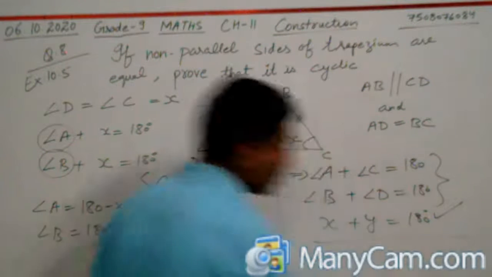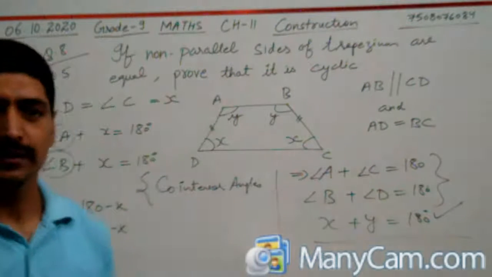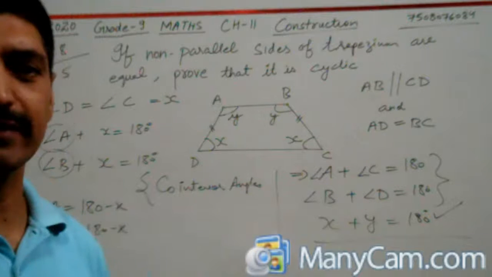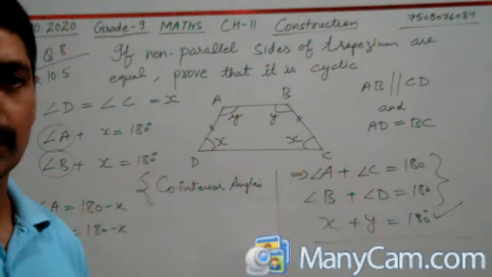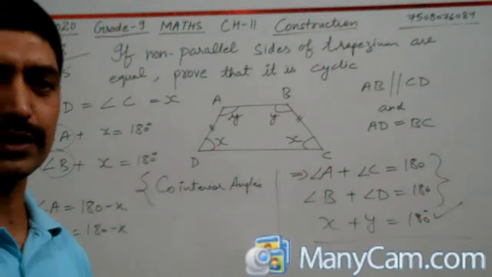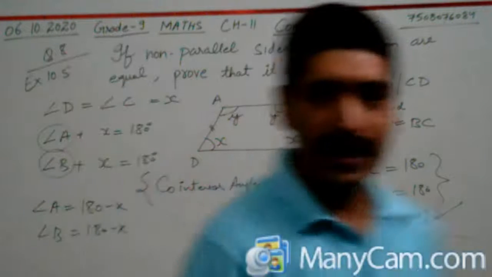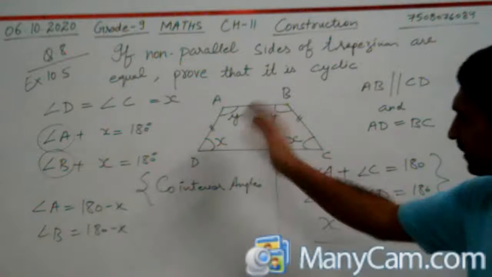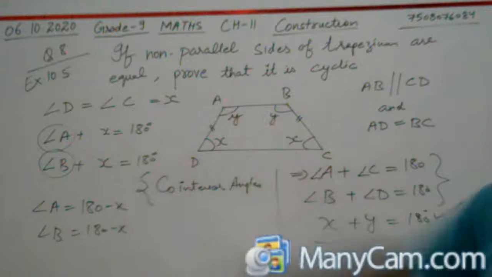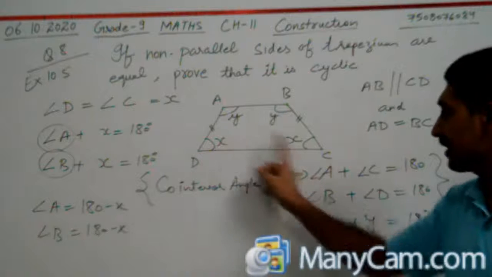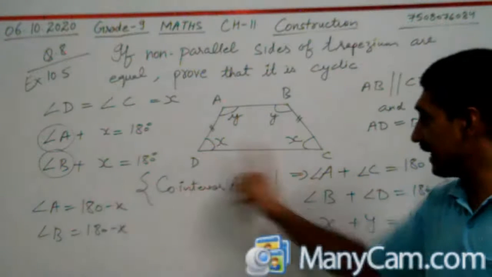So this is the question. It is an important one, but you have to explain this very, very logically. I hope, Arjot, if you are clear with it, you can provide me feedback. Okay? So I am not doing it in a very systematic way, just using acquired knowledge. I am assuming that these two angles, D and C, are equal.